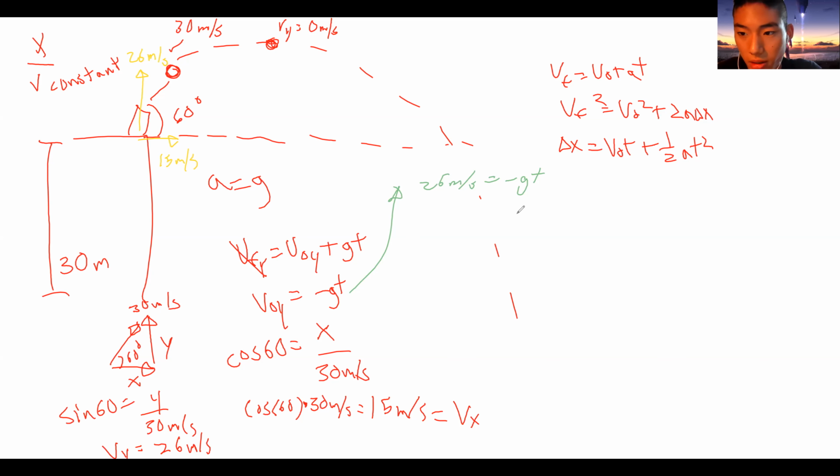So what happens when you have a negative and negative? It becomes positive. So you actually end up with 9.81 meters per second squared times time, because the negative and negative cancel out. And that is equal to 26 meters per second. You divide both sides by 9.81.